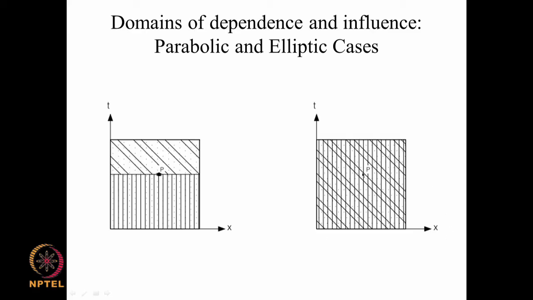So that means that P should be sensitive to any change in any part of the boundary value here, whereas in this particular case P should be sensitive to only these boundary conditions and not these boundary conditions.